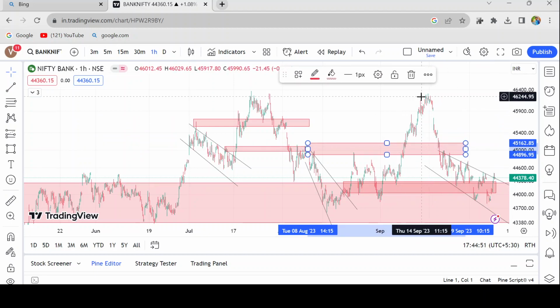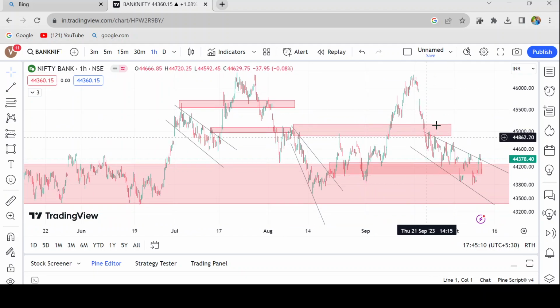When it goes up, this one becomes a supply. This one was a supply, but this one acts as a demand. When the wedge supply is broken, this one first should be supply, and then when it goes up, it becomes a demand. So this becomes the first demand, and this one becomes the second demand.